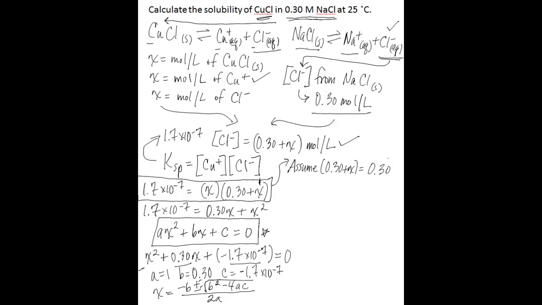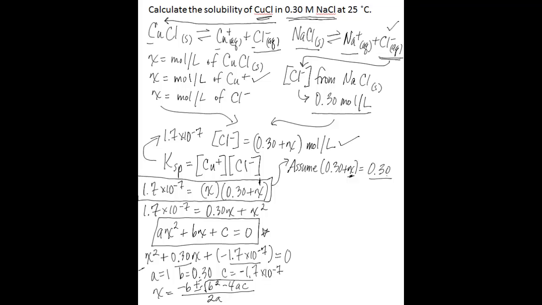And you're assuming this because you're saying, well, this x value is going to be so small that it doesn't matter. If I add that x value to 0.30, I'm still going to have 0.30 because x is such a small value, it's not going to really change this value.